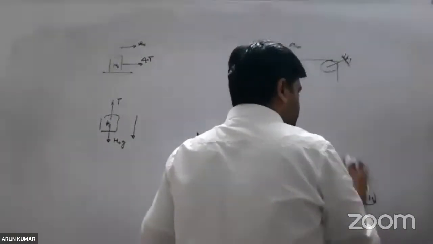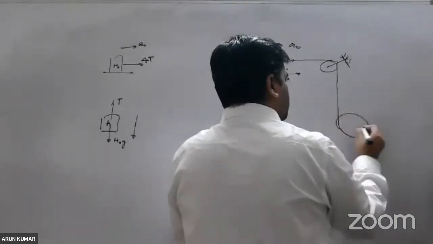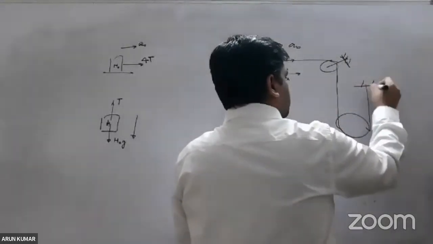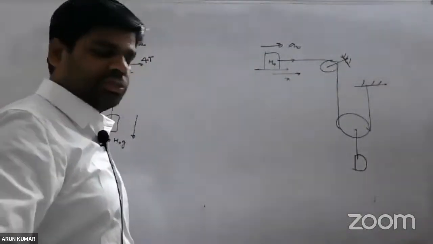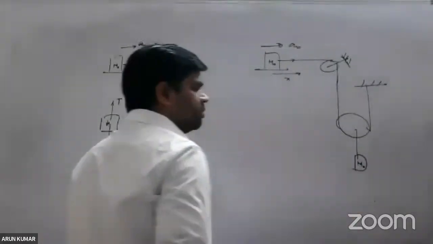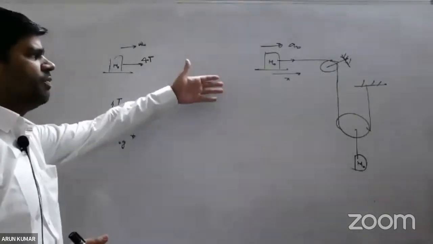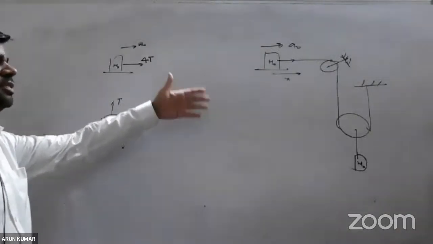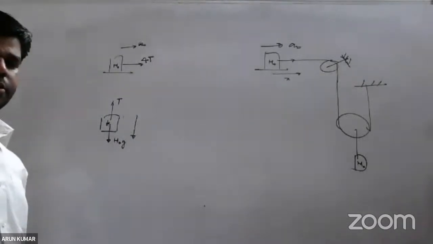Instead of pulleys like this, now find out the acceleration of the masses M naught and M naught. All right, I'm just taking M naught, M naught. It could be M1, M2 also. M naught, 2 M naught, 1 kg, 3 kg, 10 kg, 100 kg, anything. But I'm just taking it as M naught and M naught so that M naught gets cancelled out. That's it.